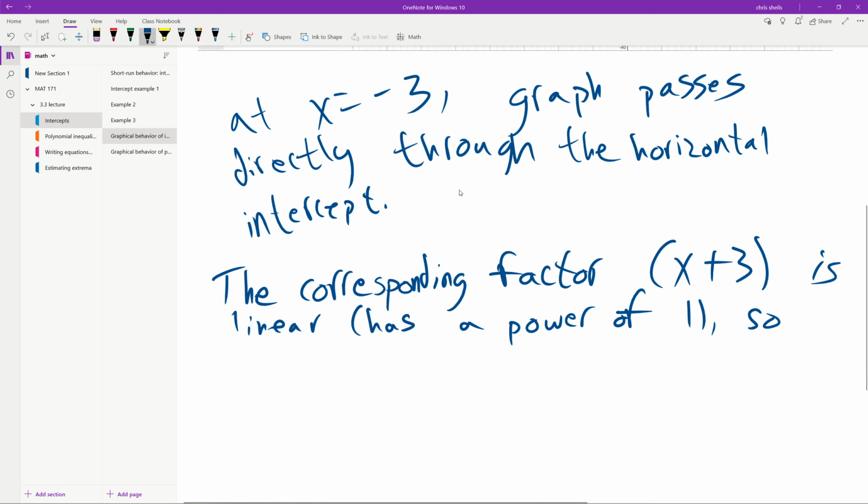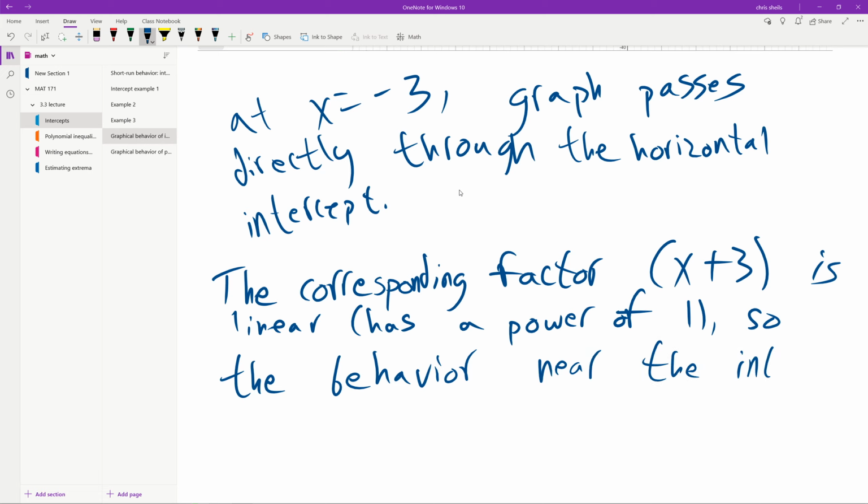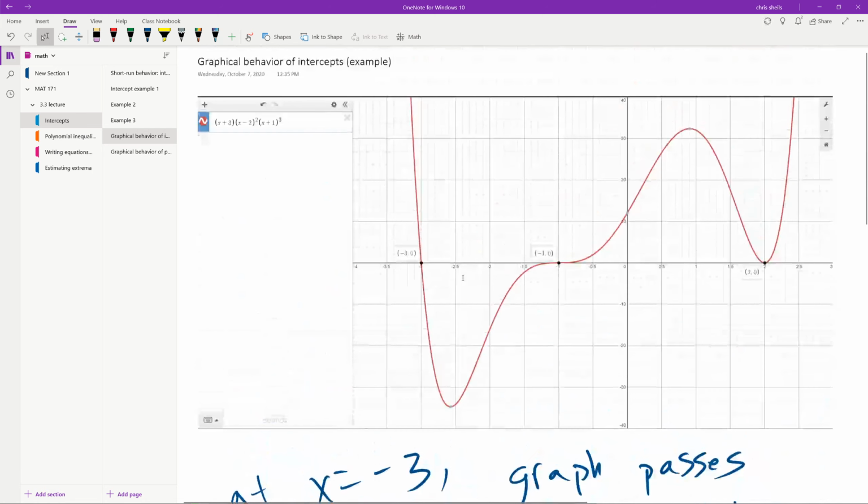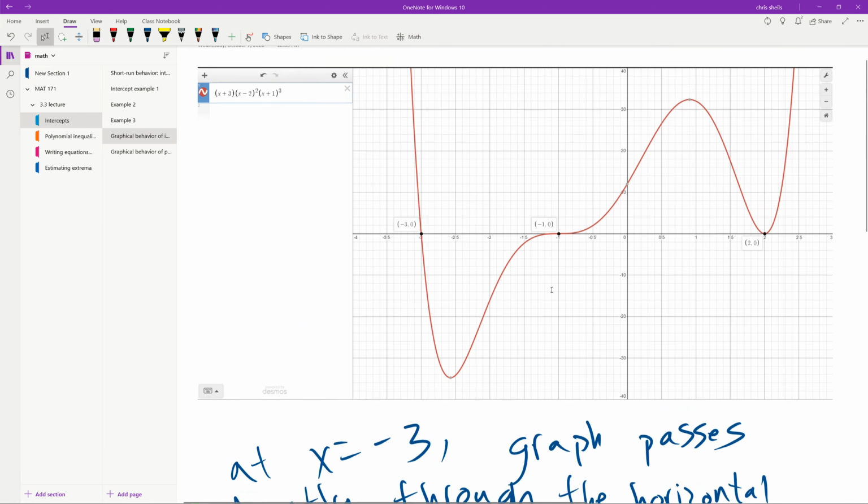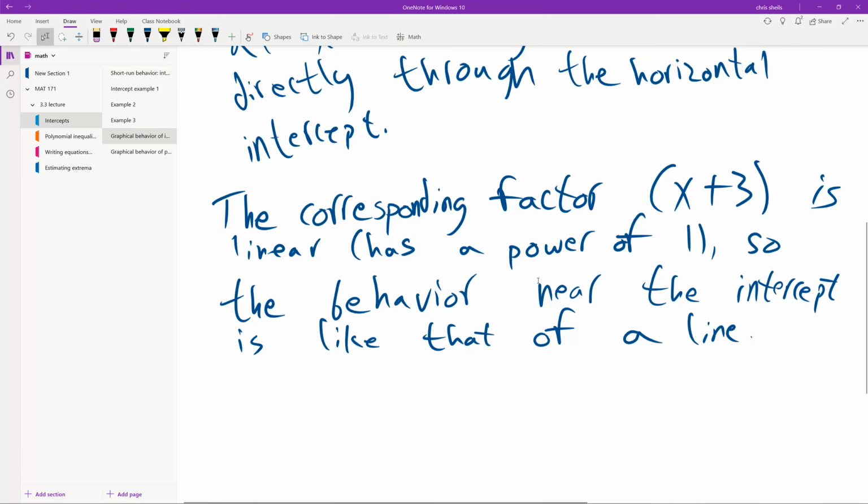So the behavior near the intercept is like that of a line. We also can call this a single zero.